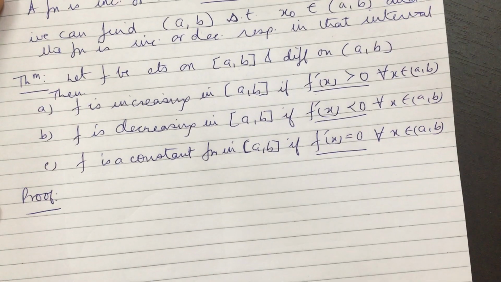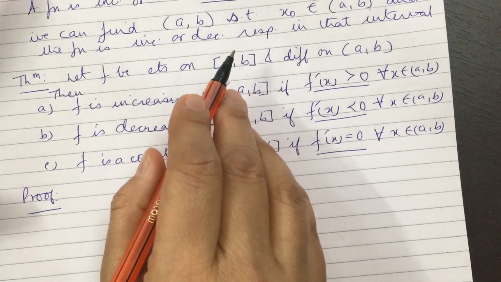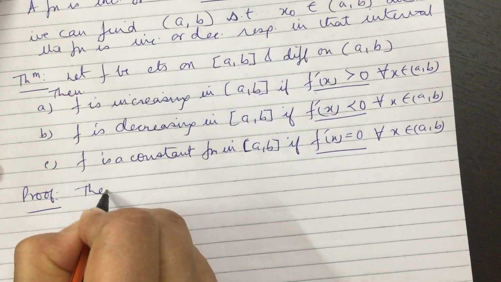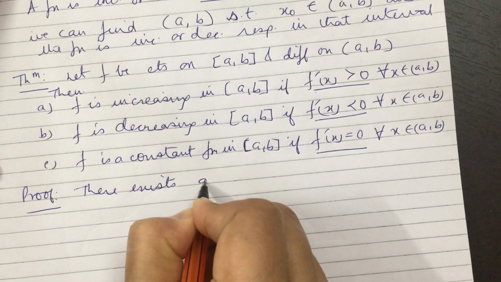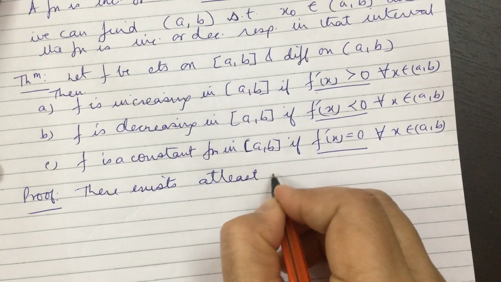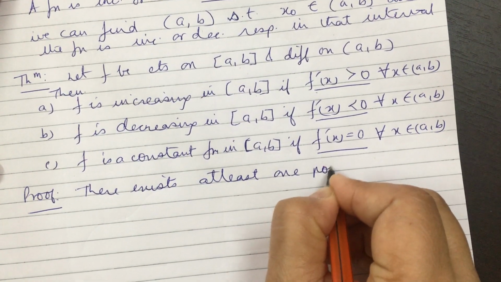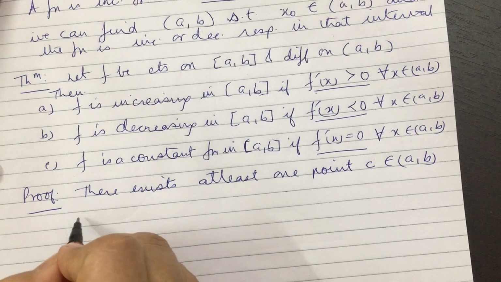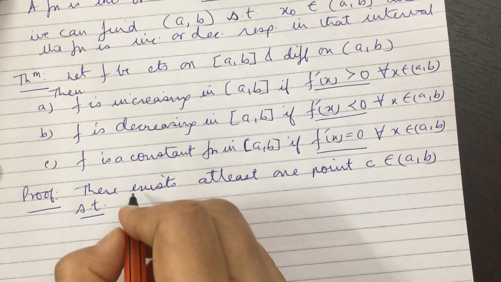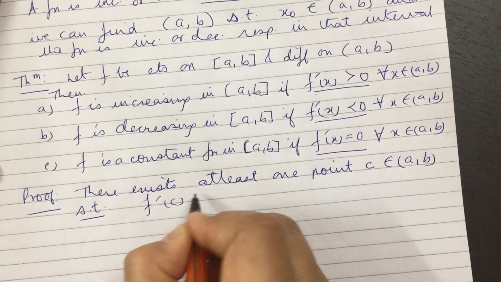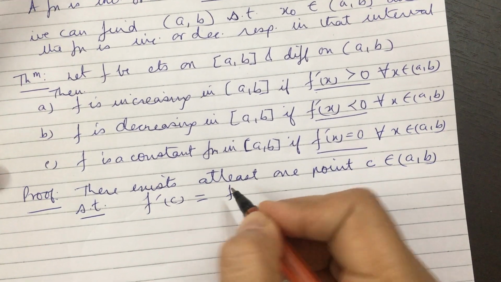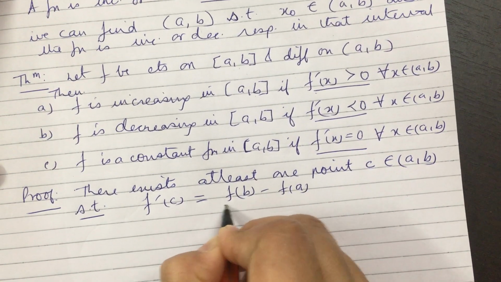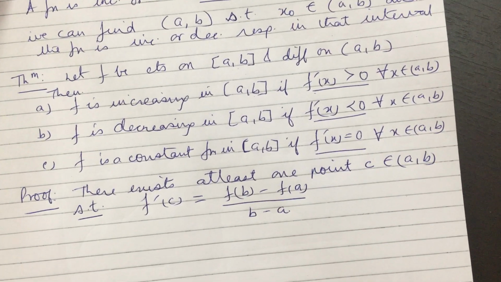So obviously, since the conditions for mean value theorem are satisfied, there exists at least one point C belonging to the open interval such that f dash C is equal to f B minus f A over B minus A.